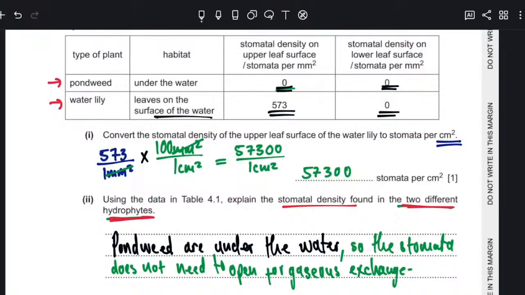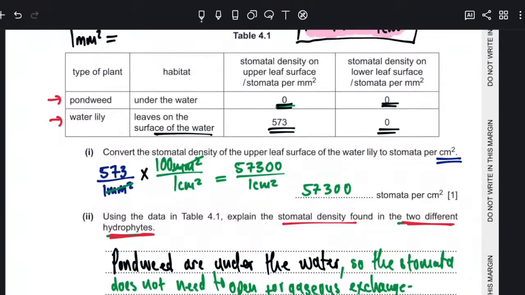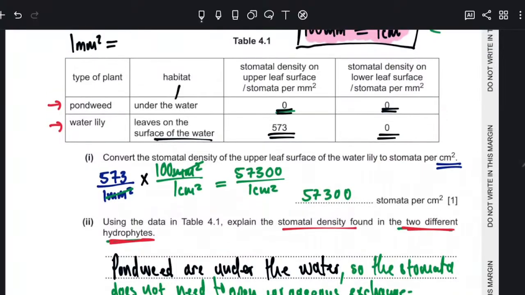So if you have stomata, what does that help? Pondweed, you are in water. This is why hydrophytes have their stomata on the upper side of the leaf. Yes, Lucy?